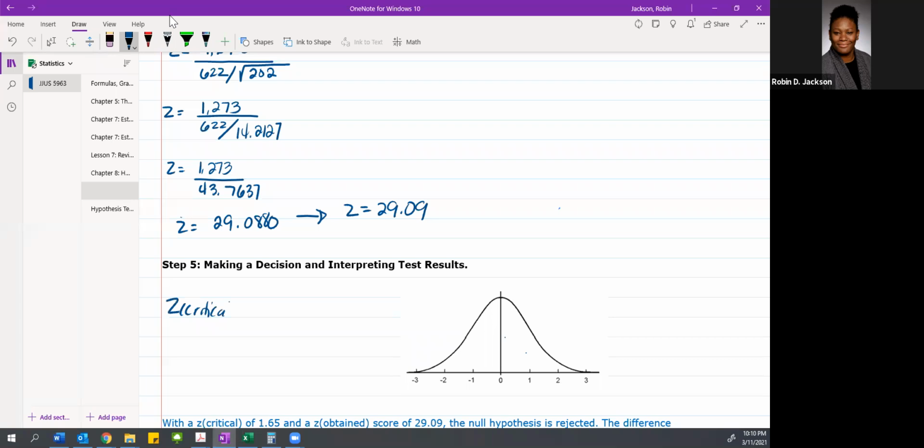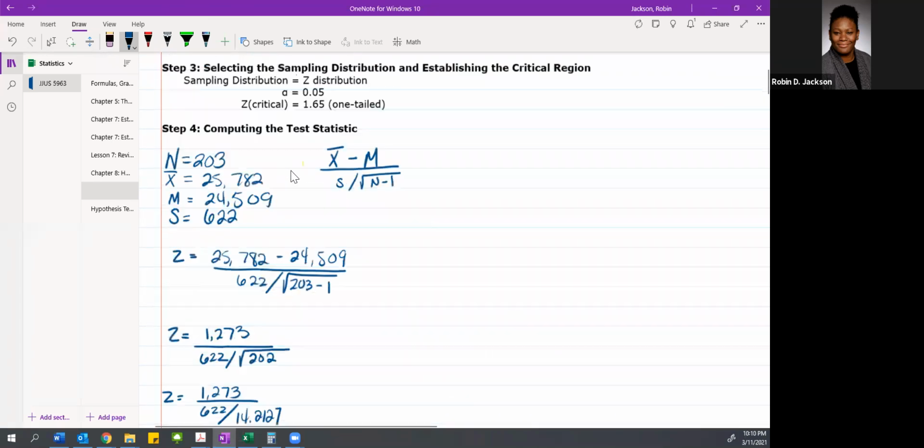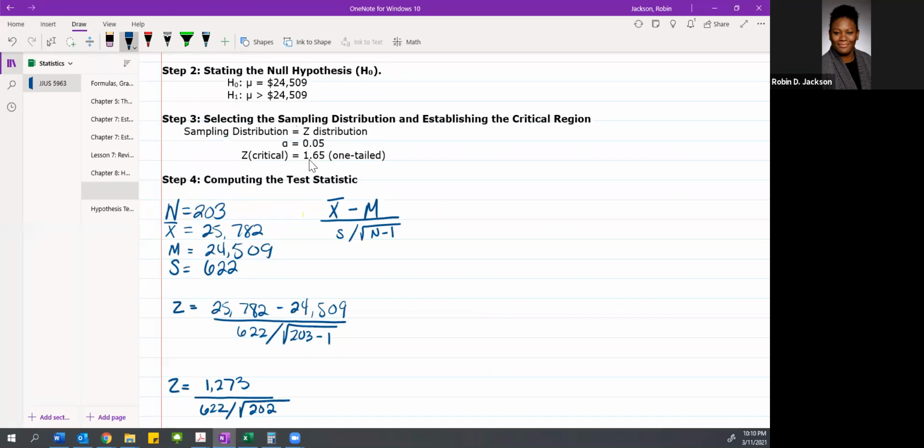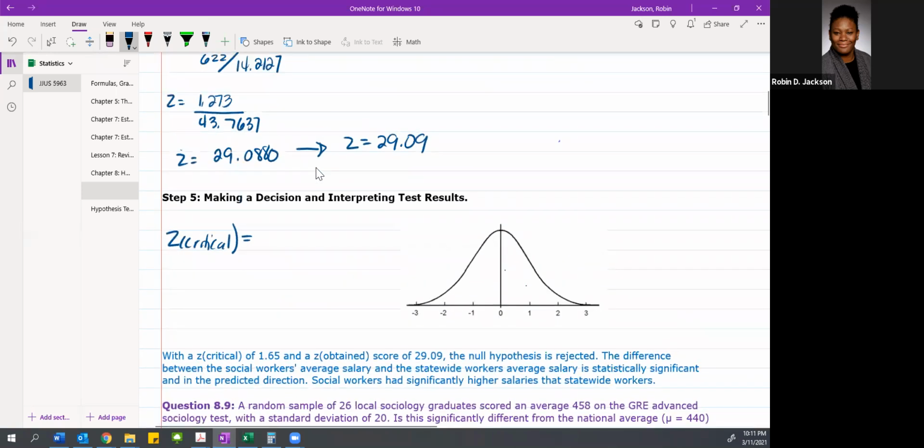Okay, and of course, yours will be typed up so it would look a lot neater. And remember that Z critical, that is this number right here. Okay, so 1.65. And since this is one-tailed, we're not going to have that plus or minus because it's only in one part of the curve. So your Z critical is 1.65.